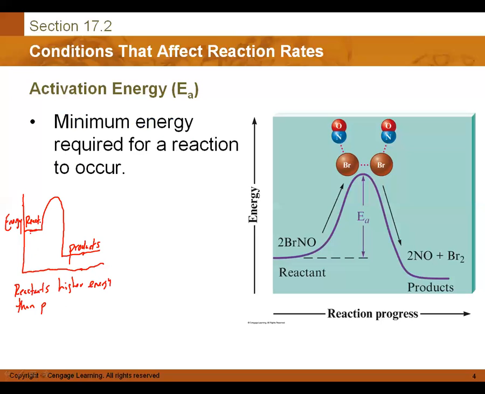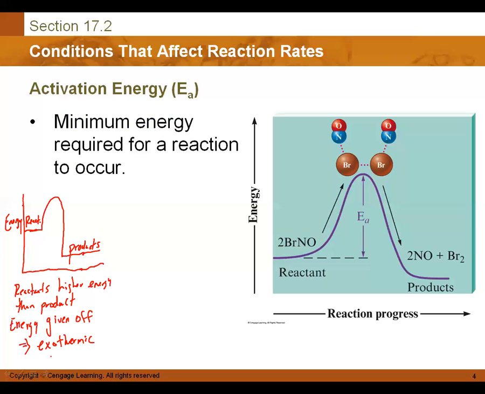The way you can think about it, in order for our reactants to get down in terms of energy to our products, in this case, energy has to be given off. And this is an energy diagram for an exothermic reaction.